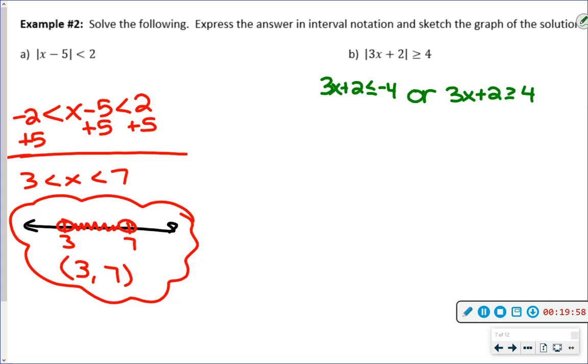Because these always turn out to be an OR graph. So I'm just going to solve each one of these. I'm going to subtract 2 off. I'm going to subtract 2. We get a fraction there, but whatever. And remember OR here. And I'm just going to go to the number line.